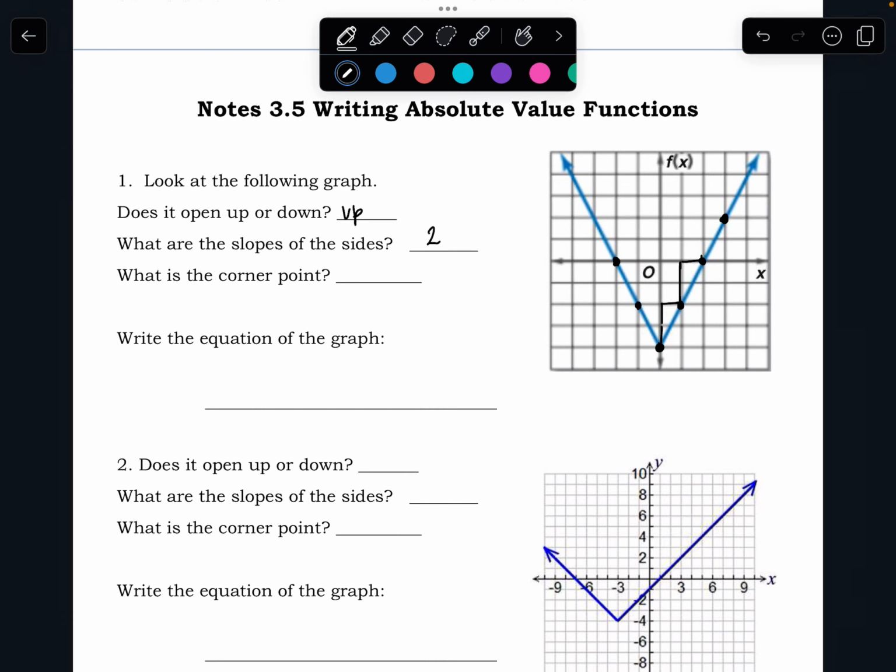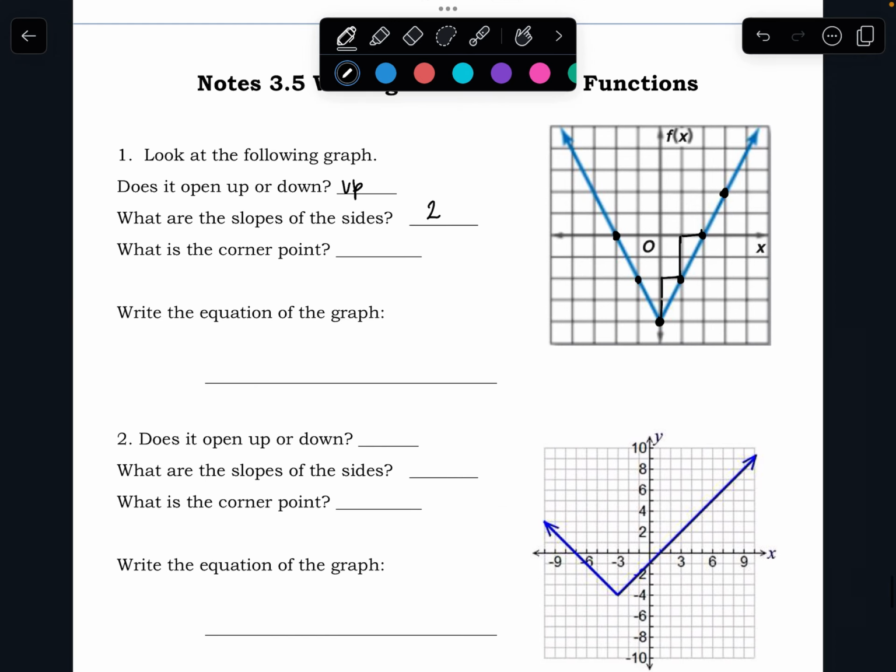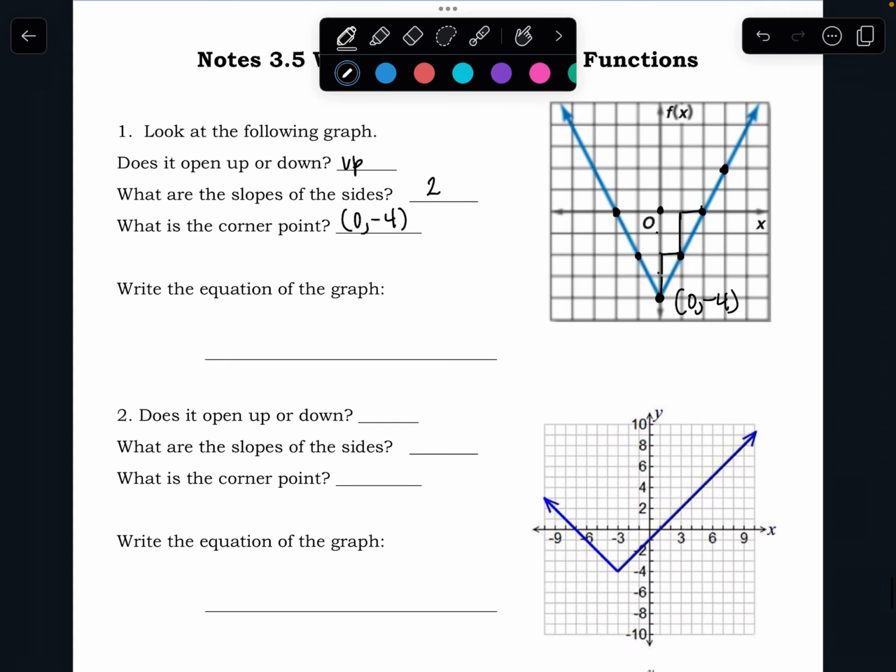And then the corner point, critical point, vertex, whatever we're calling it, is usually at 0, 0, but this one has been moved down 4 to 0, negative 4. And so because we have a down 4 and a slope of 2, we can write our equation with a 2 in front of the bars.